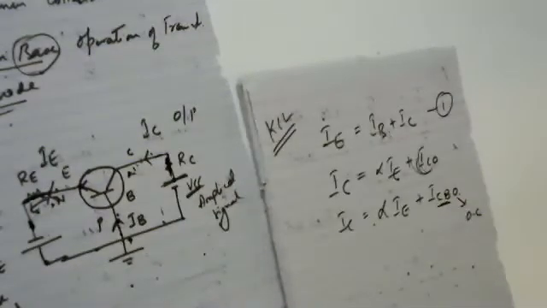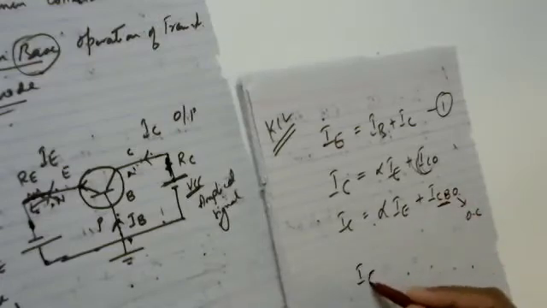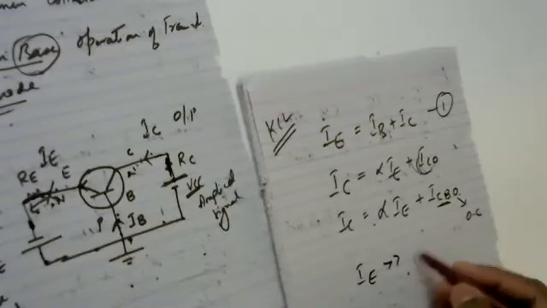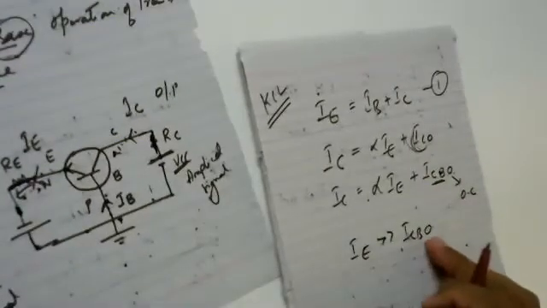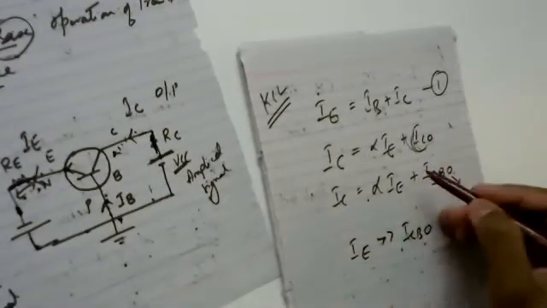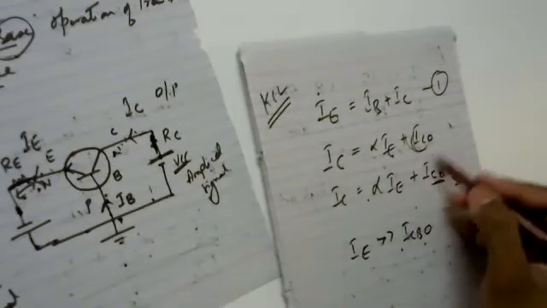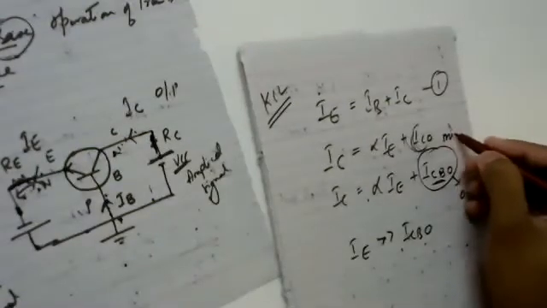Now normally, the IE value is much greater than ICBO, because IE is due to majority charge carriers and ICBO is just due to minority charge carriers.